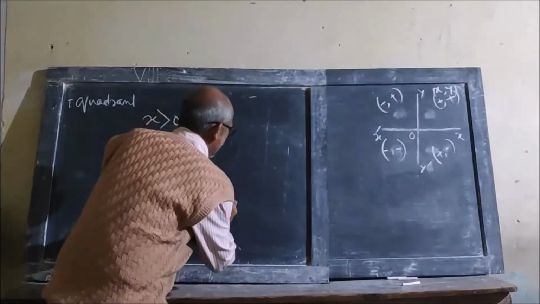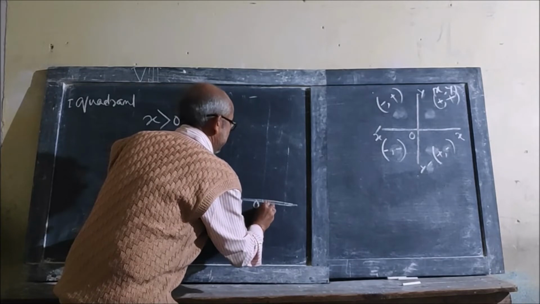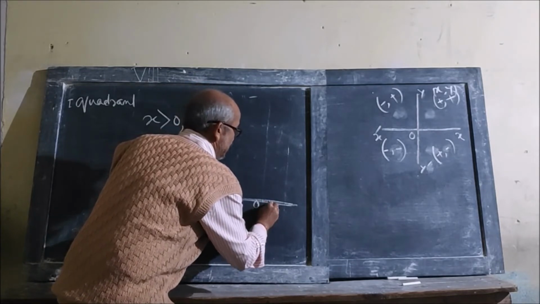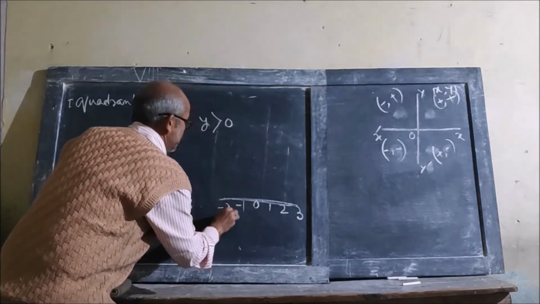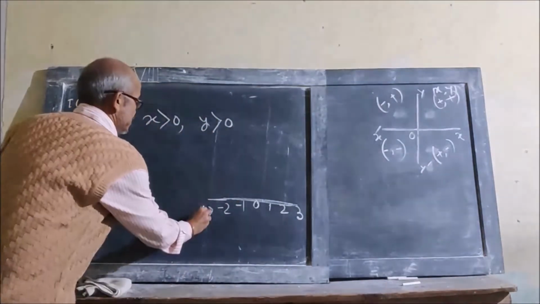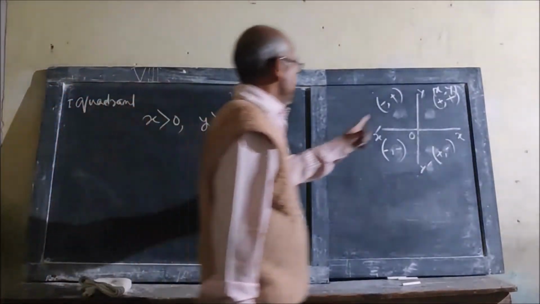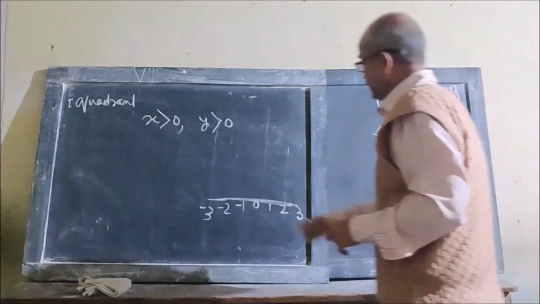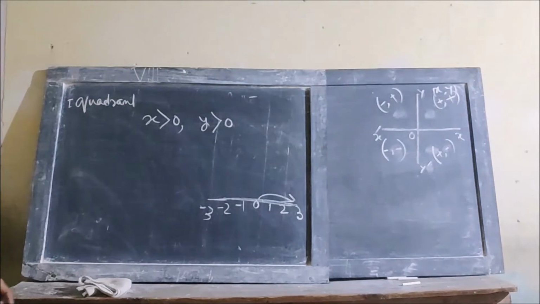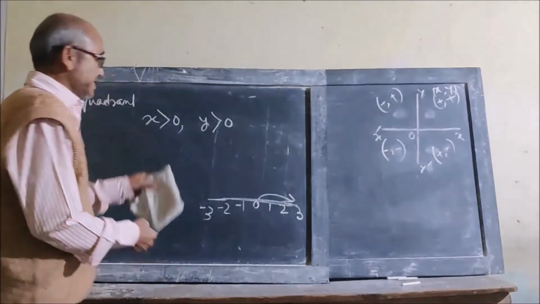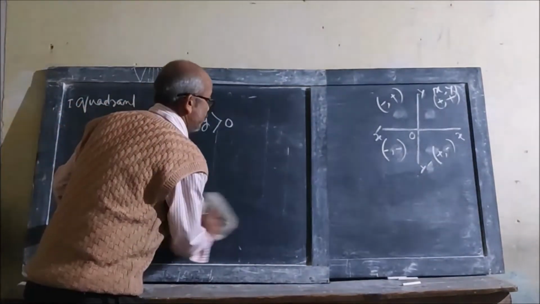There is, suppose, one line, the origin; on that side there are plus 1, 2, 3 like this, and on the other side minus 1, minus 2, minus 3. So plus means it must be greater than 0. So here x greater than 0 and y greater than 0.